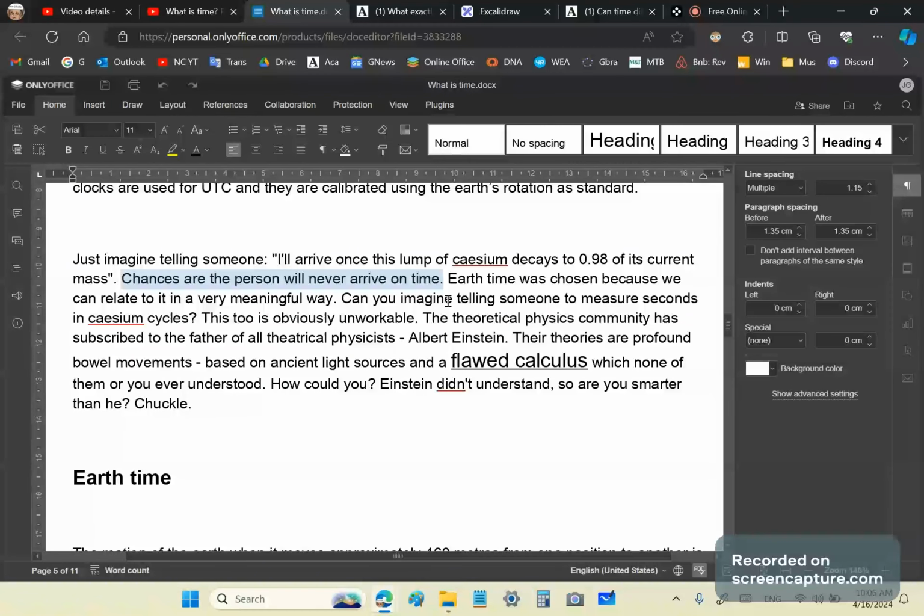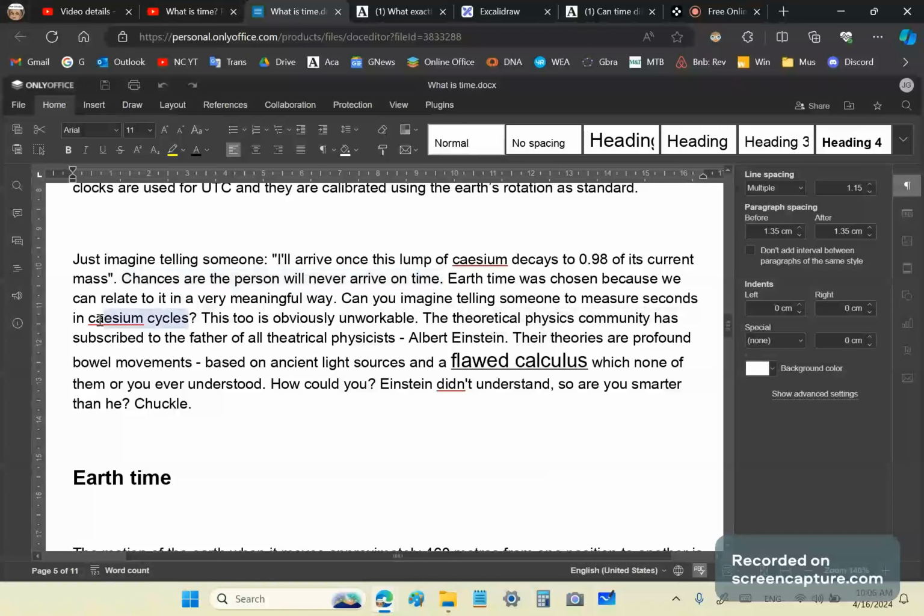So it makes no sense to define time in any other way but as it relates to Earth time, because we live on Earth, right? So Earth time was chosen because we can relate to it in a very meaningful way. Can you imagine telling somebody to measure seconds in cesium cycles? It's absurd. Okay, this is obviously unworkable. Now, when do we do that?